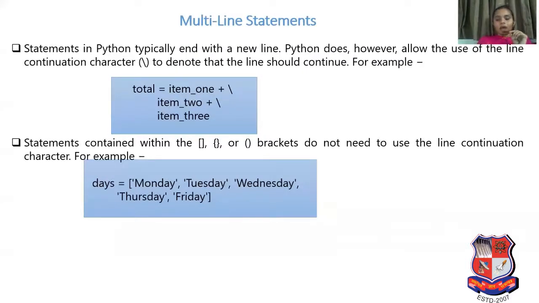If I want to write multiple lines in a statement in Python, how will we write it? A statement in Python typically ends with a new line. However, Python does allow the use of the line continuation character.